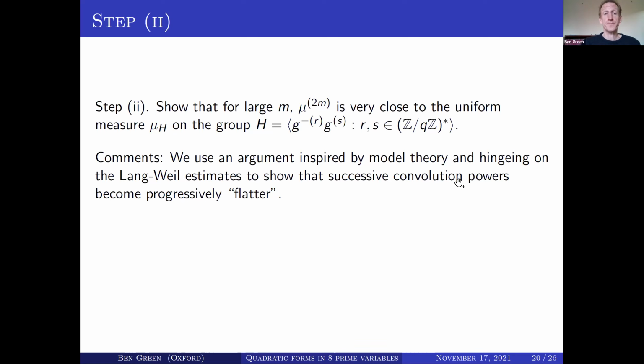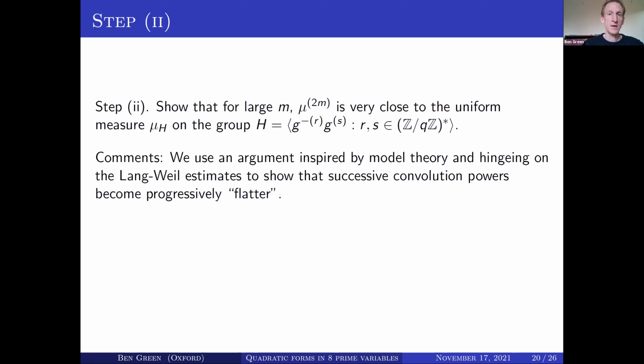But anyway, what one does is one uses the Langevin estimates, so counting points on varieties over FP, to show that as you do these successive convolution powers, they become successively flatter and flatter. So their L2 norms decrease at each step, and not just decrease by a tiny amount, but by a sort of quantized amount. That's what the Langevin estimates do.